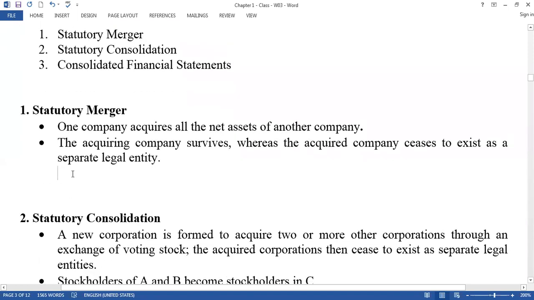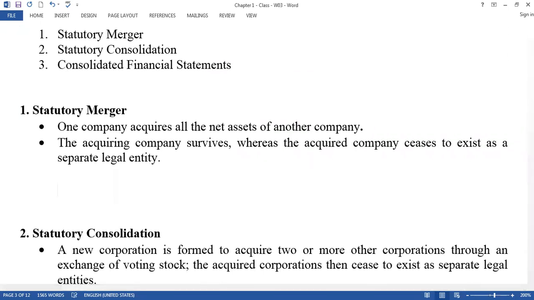What is this actually? Let's see the example here. A statutory merger is when one company acquires all net assets, and you already know what the net asset is, right, of another company. So think about two companies here, A company and B company.